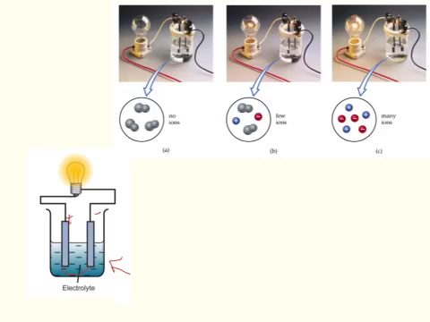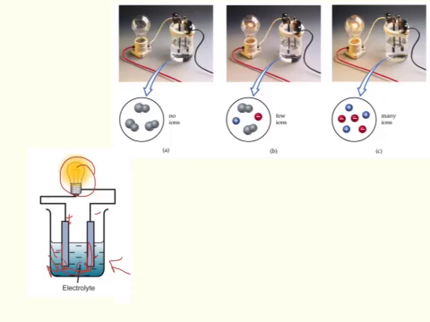But as soon as you put, let's say, table salt in there, sodium chloride or any other salt for that matter, that's soluble, then it's going to dissociate and form ions in here. And once you've got some ions floating around in here, you'll have an opportunity for the electrons to be able to move through that solution, thereby completing the circuit and lighting up the light bulb.